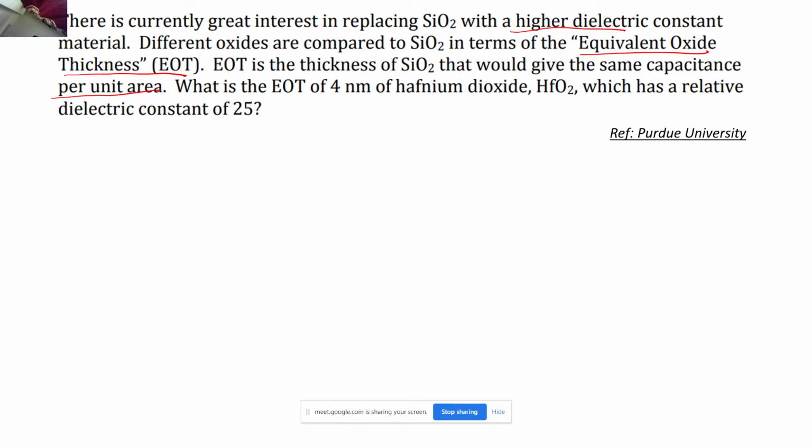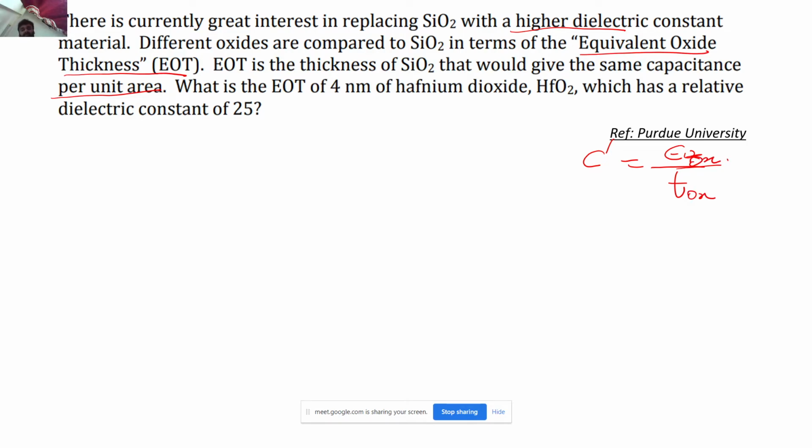If I replace the SiO2 material with a higher dielectric constant material, correspondingly my capacitance is going to change, because the capacitance per unit area, C dash, is epsilon divided by thickness of any oxide. The oxide may be HfO2 or SiO2, correct?